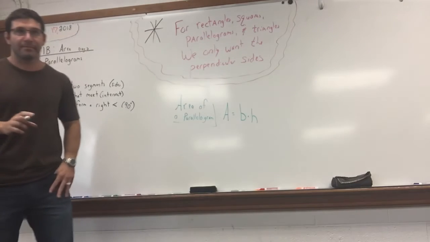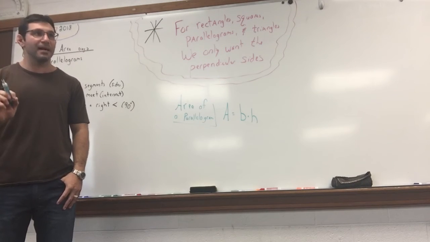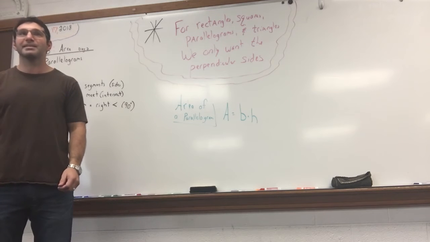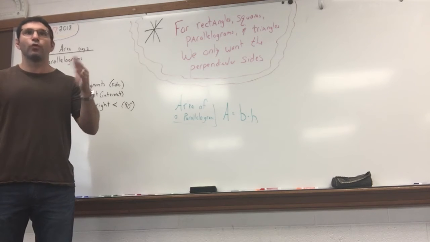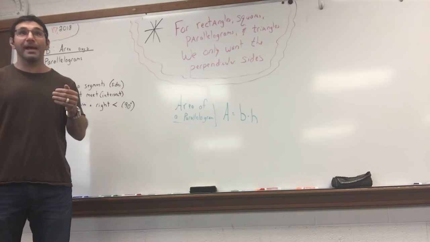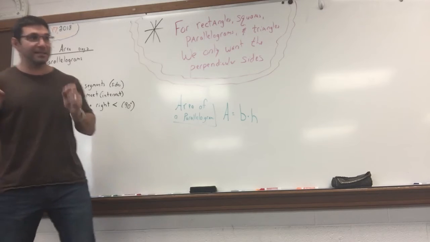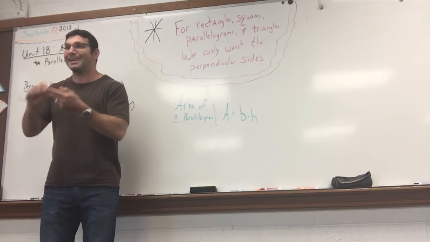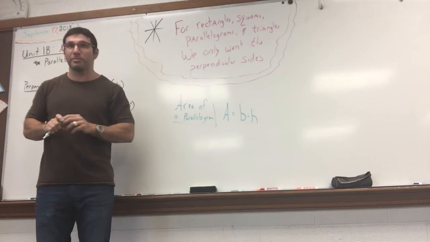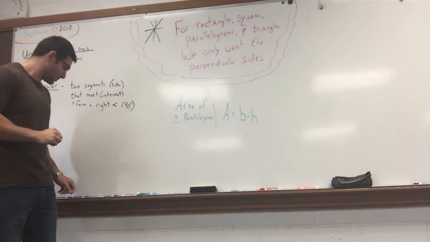Area equals base times height. We know the base and height meet to form what? A right angle. The base and height will always be perpendicular. Listen again. The base and height will always be perpendicular. Those are the sides that we need. The perpendicular sides.